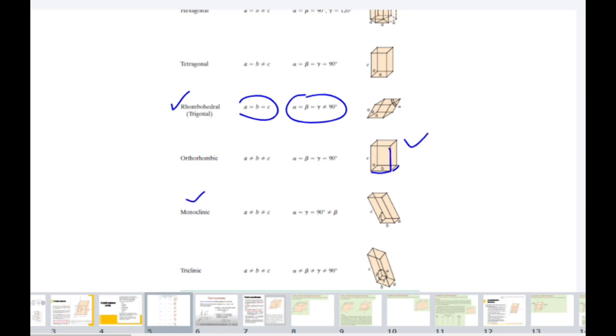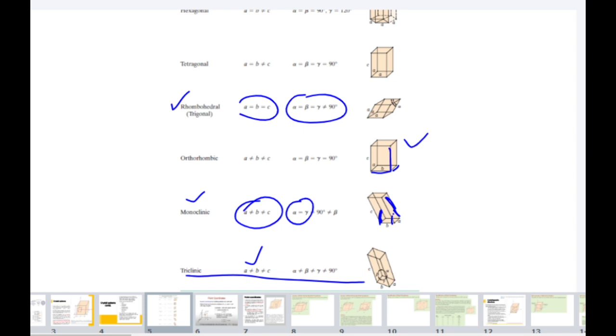In the monoclinic, none of the sides is equal, but 2 angles are equal. You see this one is equal to this, but this is at some angle. You see the beta, and this one is not equal to alpha and gamma. While the last one, you see, none of the angles is equal to 90, and none of the sides is equal to each other.